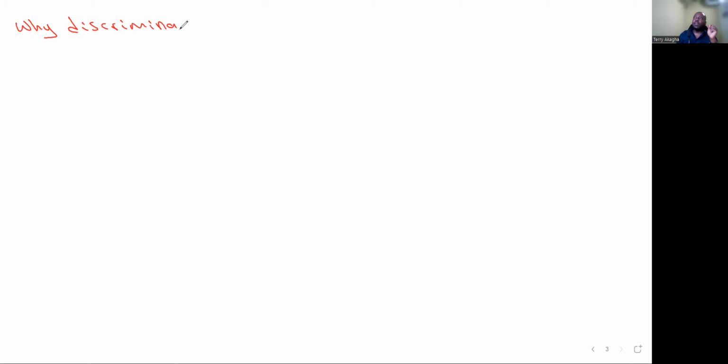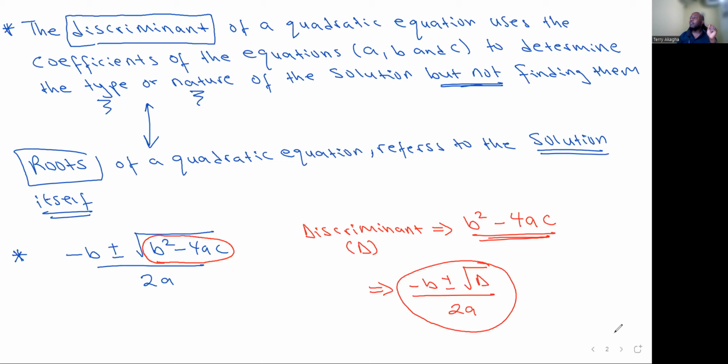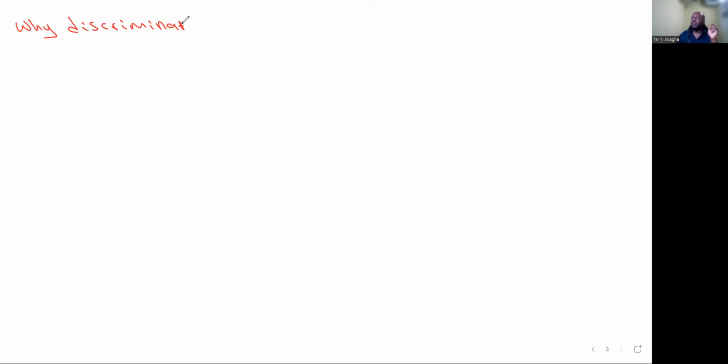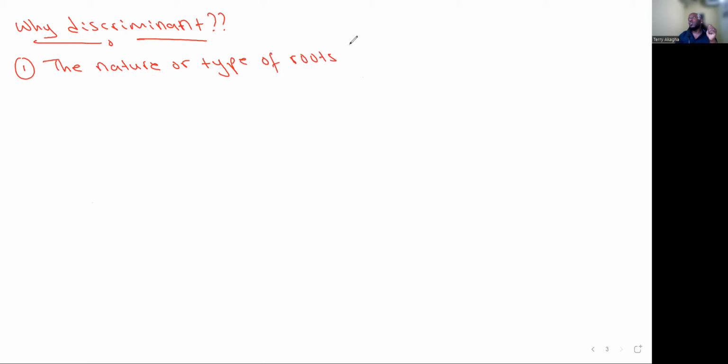So let me just say why the discriminant. The major information we can get is, number one, it will tell us the nature or type of roots. Like I said, in some textbooks we call it solutions.